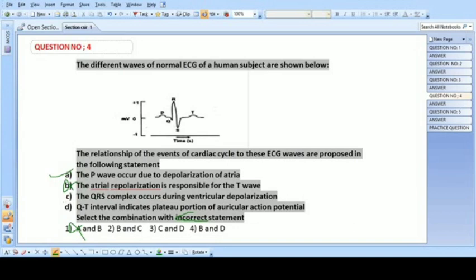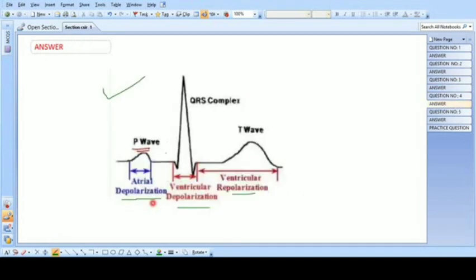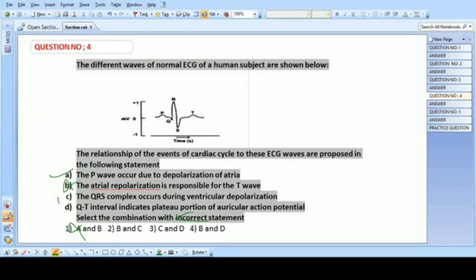Next is the QRS complex occurs during ventricular depolarization. Yes, of course, the QRS complex is from ventricular depolarization. That statement is also correct. Then the QT interval indicates the plateau portion of the auricular action potential. That's a wrong statement. From this we can conclude that A and C are correct options.